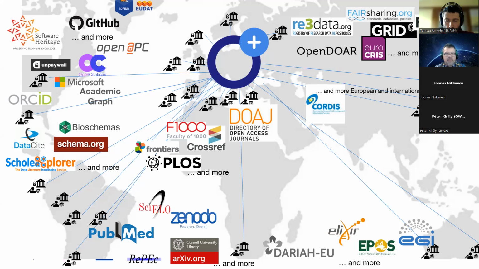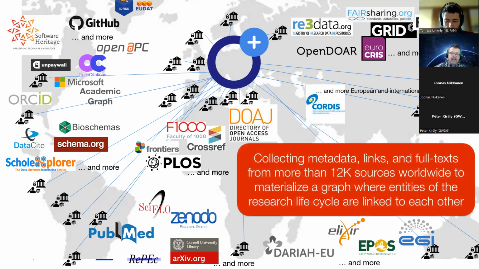So many data sources that OpenAIRE is aggregating from all over the world. It's about 10,000 more data sources that are used for creating the OpenAIRE research graph.